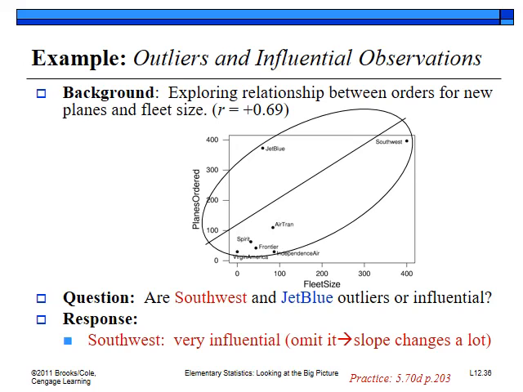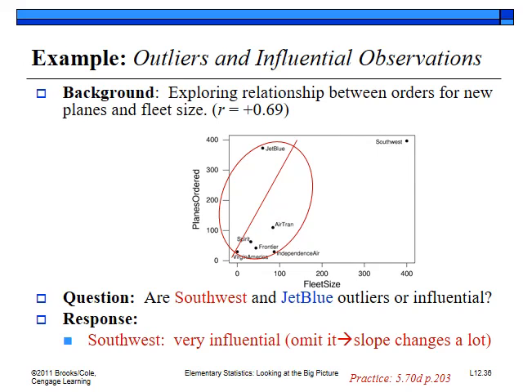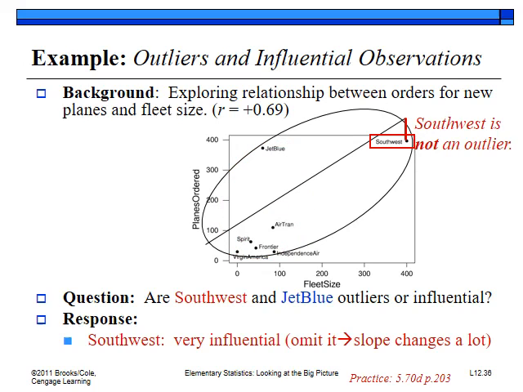It is very much an influential observation. The reason why is if you pretend like it's not there, our new cloud of points looks like this, and that really changes the line. We can also see that it's not terribly far away from the regression line, which means its residual is not very big.